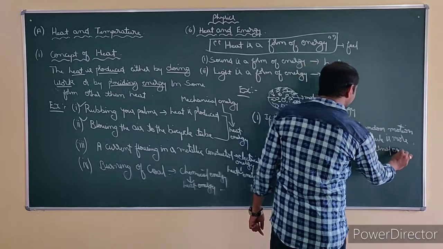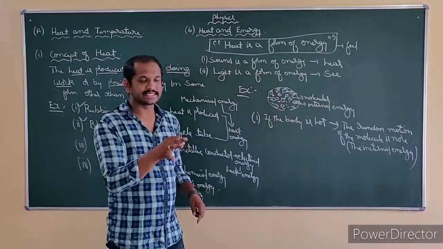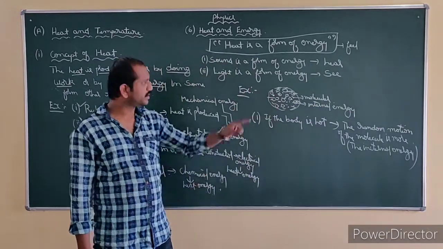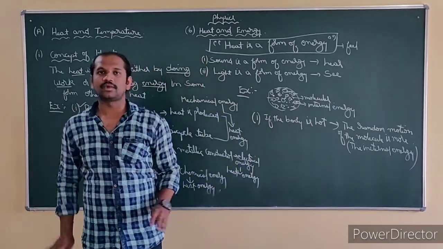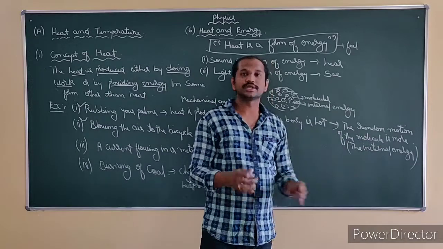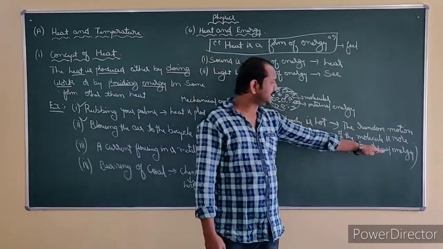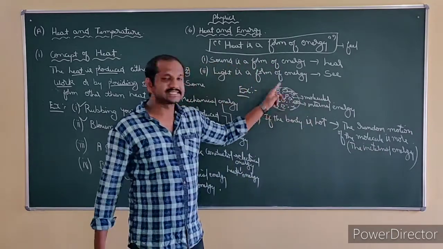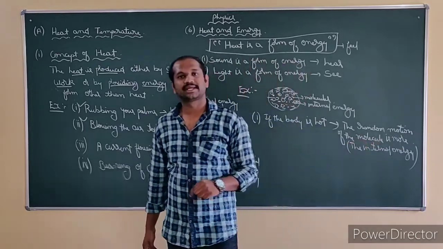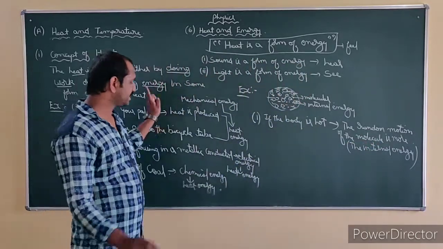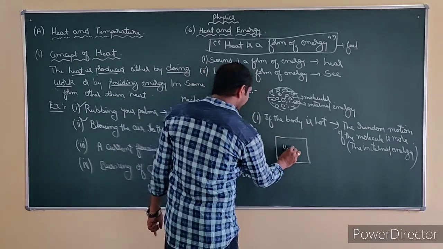The internal energy it is having is more in the case of the body which is hot. Comparatively, when you take the body is cold, what happens? The random motion of the molecules is very less when compared to that of a hot body, right? And the energy which is happening inside, the random motion, I am considering as internal energy. Understand? So, for example, now let me consider a hot body.